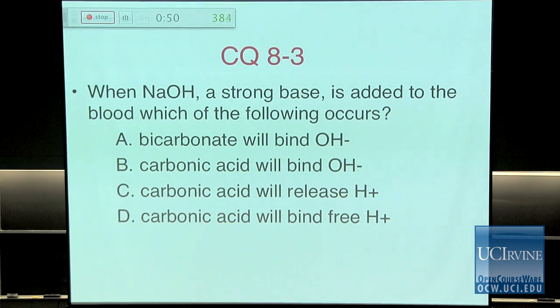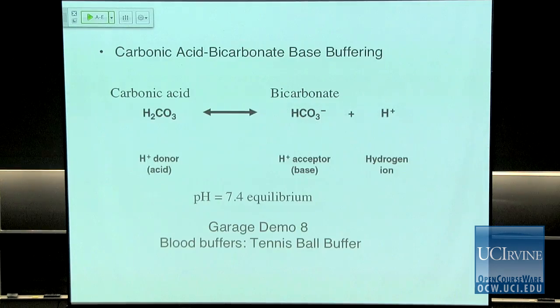Okay, go ahead and click in if you have not. Okay, now before I show you the answer to that question, I'm going to do a demonstration and see if that helps you understand it a little bit better.